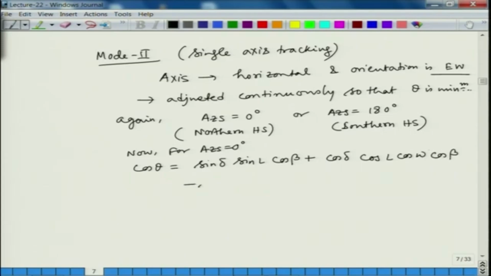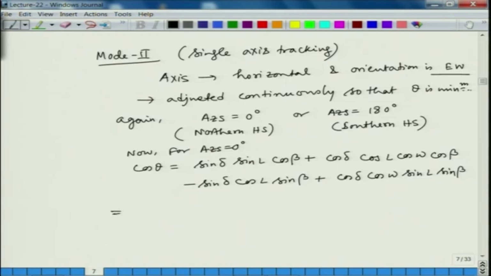Again I would insist that please check that by yourself. Simply in the general expression of cos theta, we have put AZS to be 0 degree.